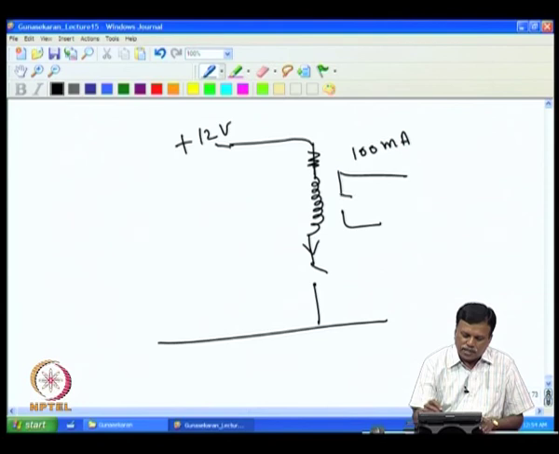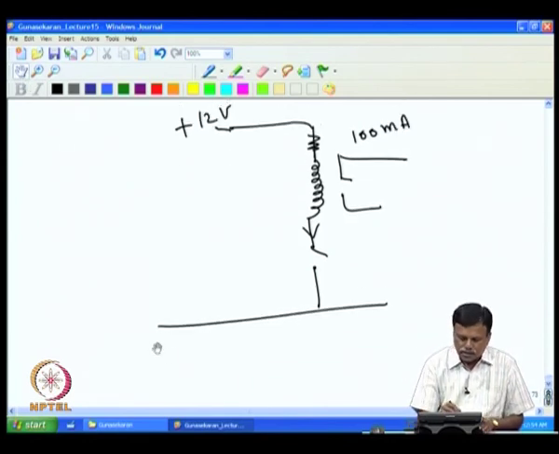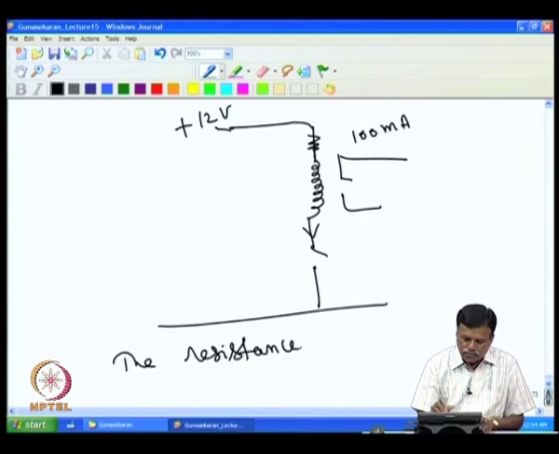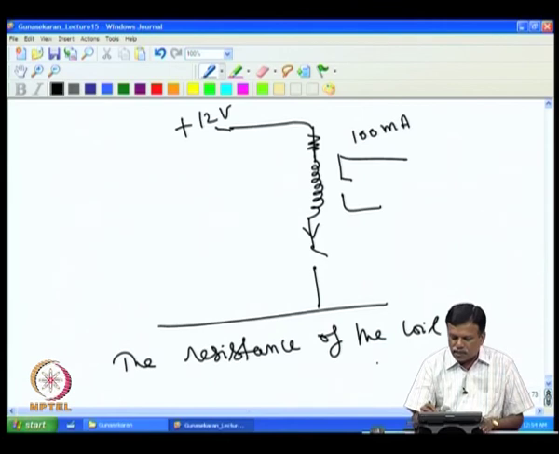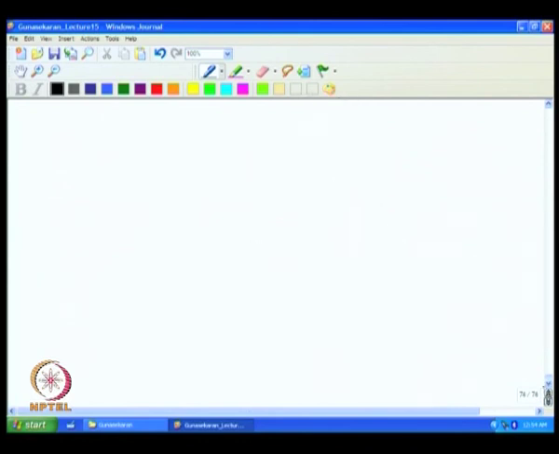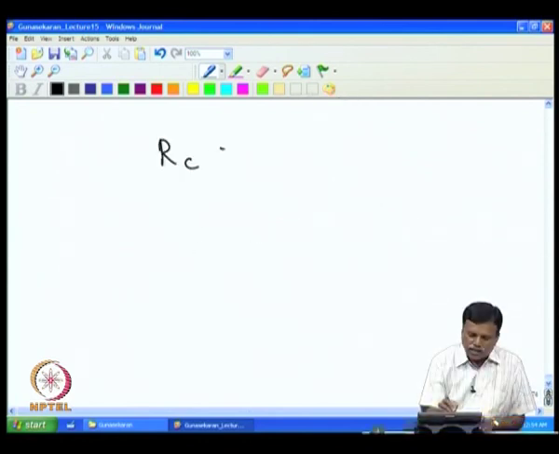At 100 milliampere and 12 volt, the resistance of the coil would be 12 divided by 100 milliamps, that will be 120 ohms. So, the resistance of the coil, R coil, is 120 ohms.